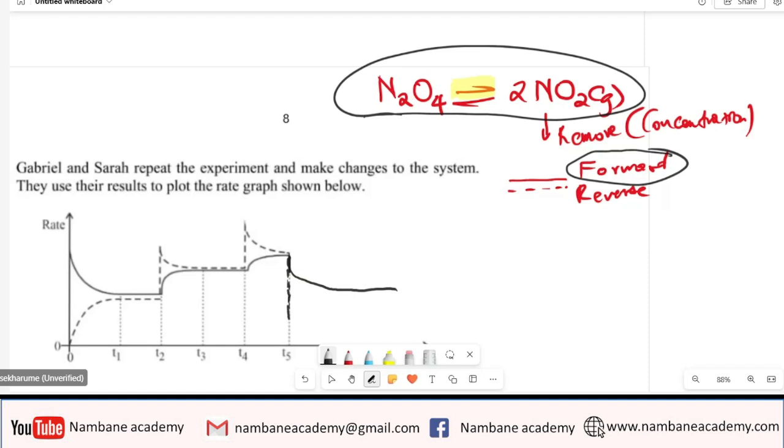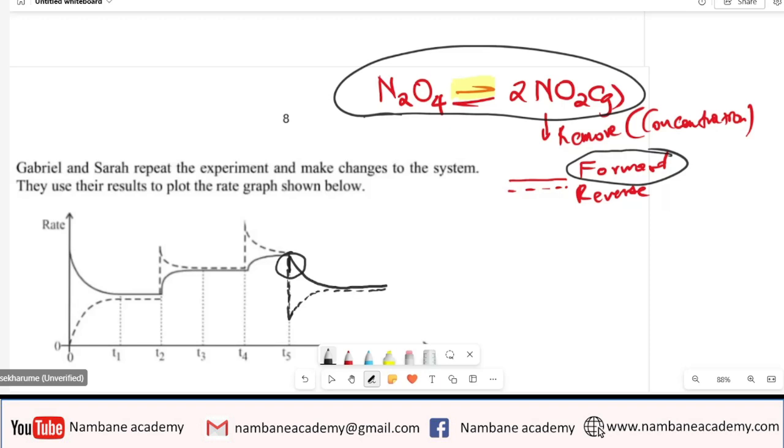So once you remove, remember this part there, that edge, it must be the forward. This is how you're going to draw it. The forward reaction will be favored. Then the reverse reaction, because we don't favor the reverse, will decrease more.